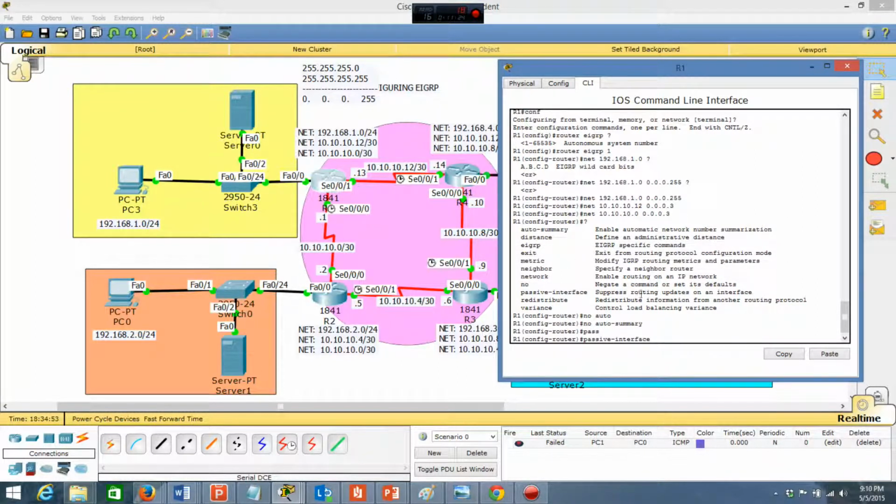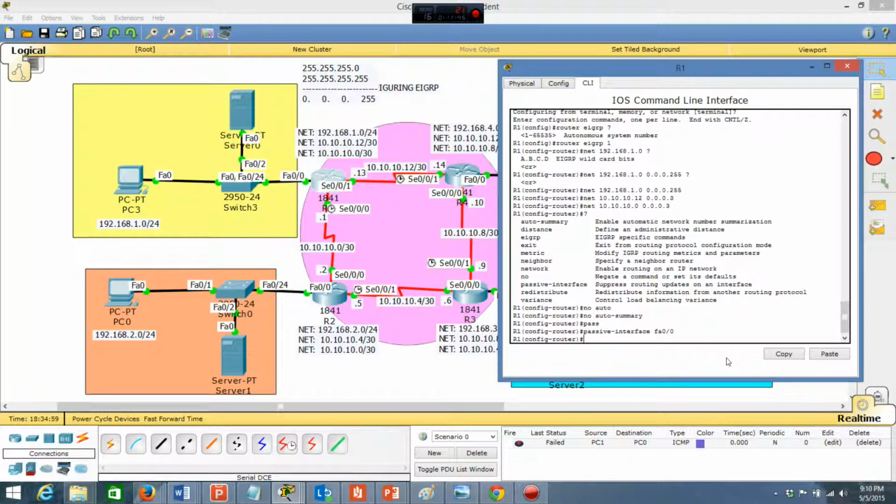So we want to do F0/0. So all the routing updates are going to be pushed around right within this space, and they are not going to be pushed onto the LAN network, because that would just be completely unnecessary. You want to do enter.